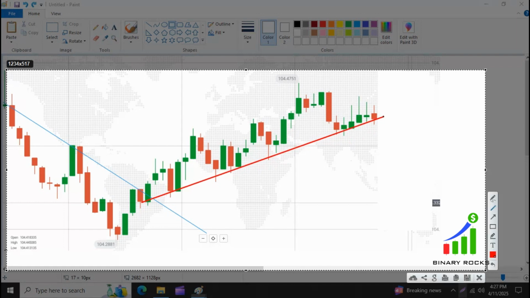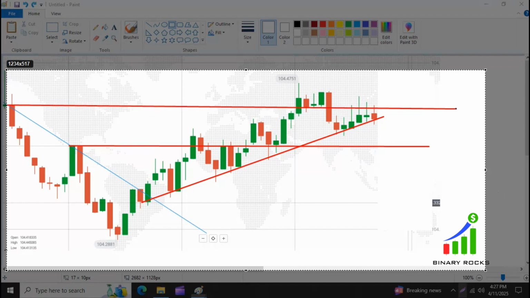Okay, now what is the next level? Okay, here already the buyers are getting weak. Maybe my next level is here, and we are getting continuous weakness, and if you check here we got a level where it was rejected and sellers have entered.